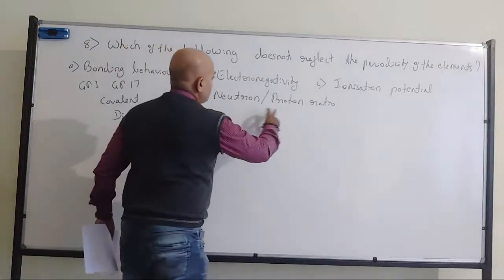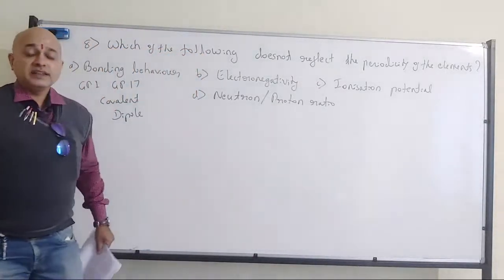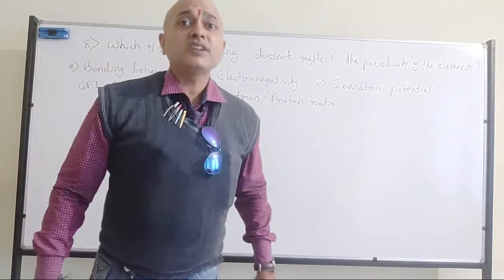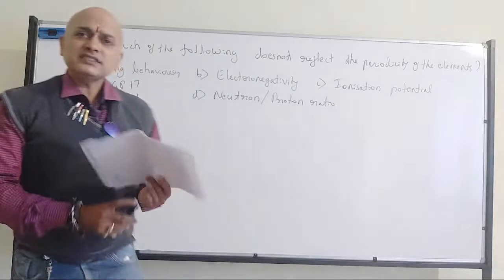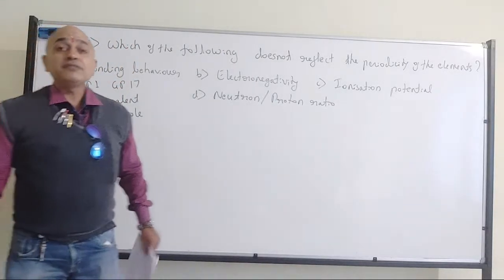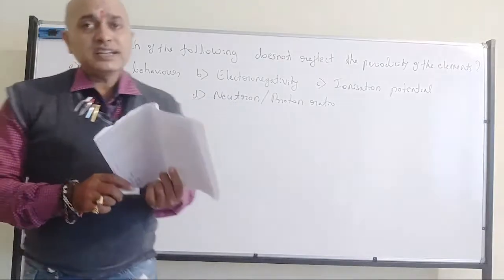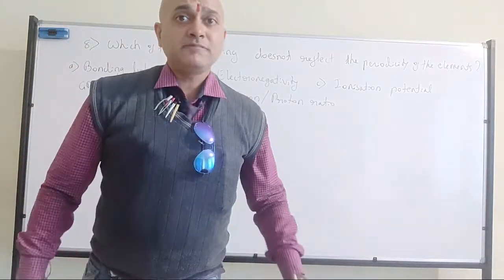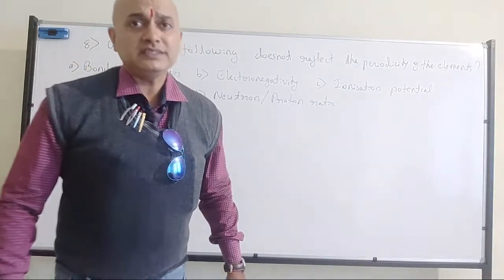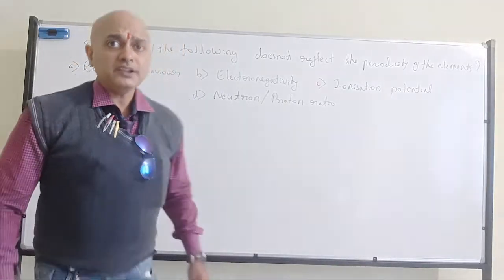When it comes to neutron-proton ratio, that is where we are not going to observe periodicity. But where are we going to worry about this neutron-proton ratio? I had given a one or two sentence explanation on this while teaching the periodic classification of elements. Can any one of you try it out?